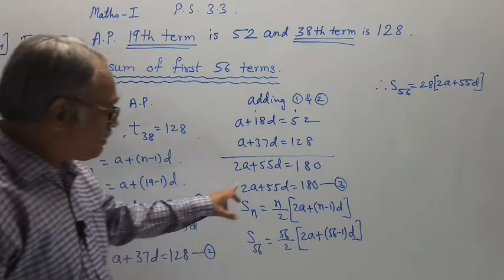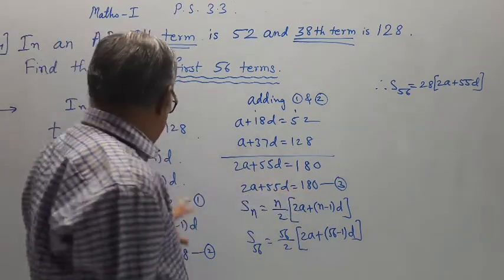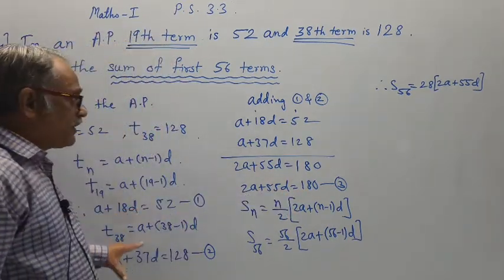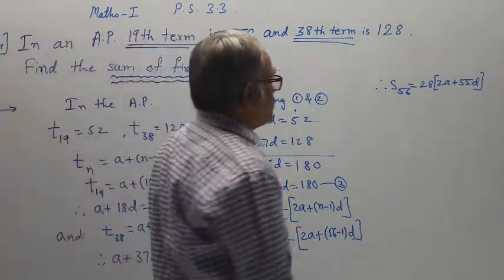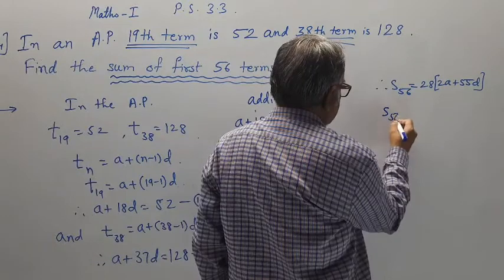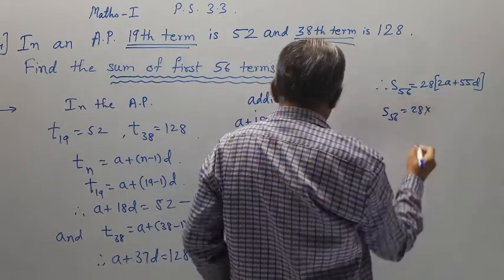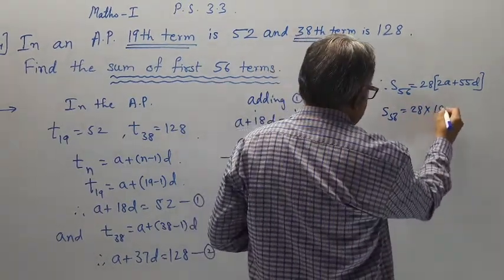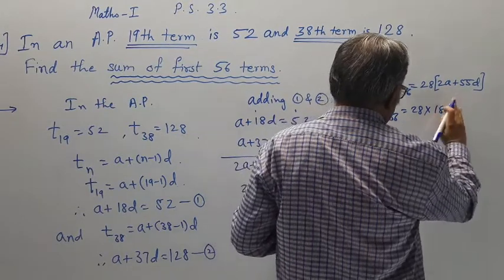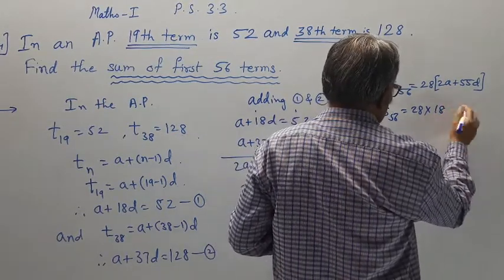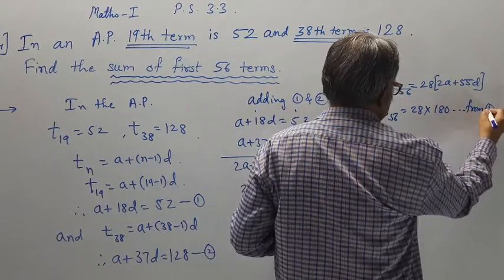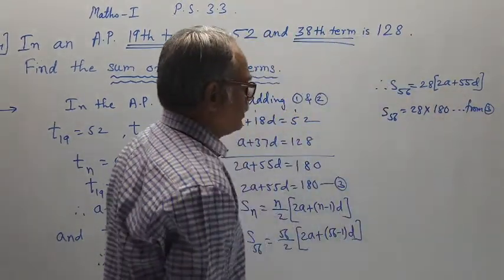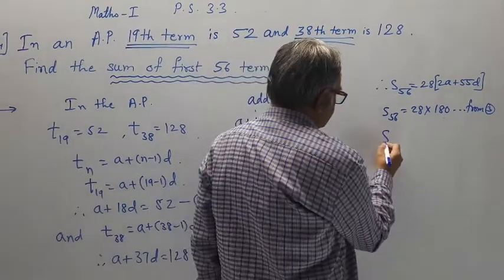What is this 2A plus 55D? Already obtained by adding T19 and T38. So S56 is 28 into 180, taken from equation number 3. That value is obtained, and do the product.